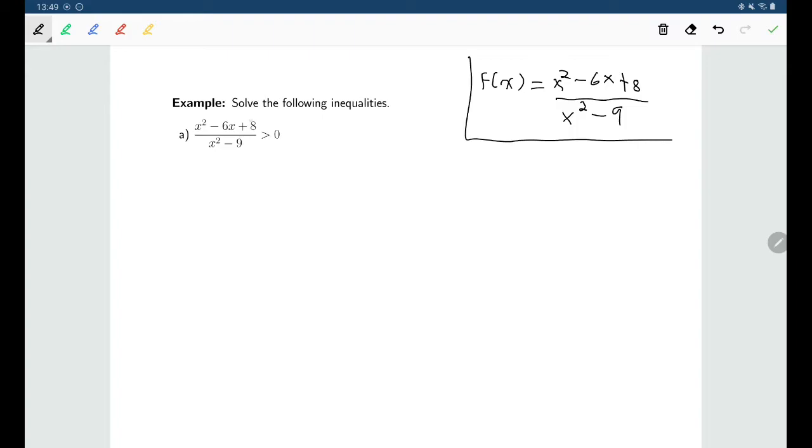Okay, so the first thing I'll want to do is find out where the zeros are and where the places are where this is undefined, and of course you would do all of that by factoring. So, factoring the numerator and factoring the denominator.